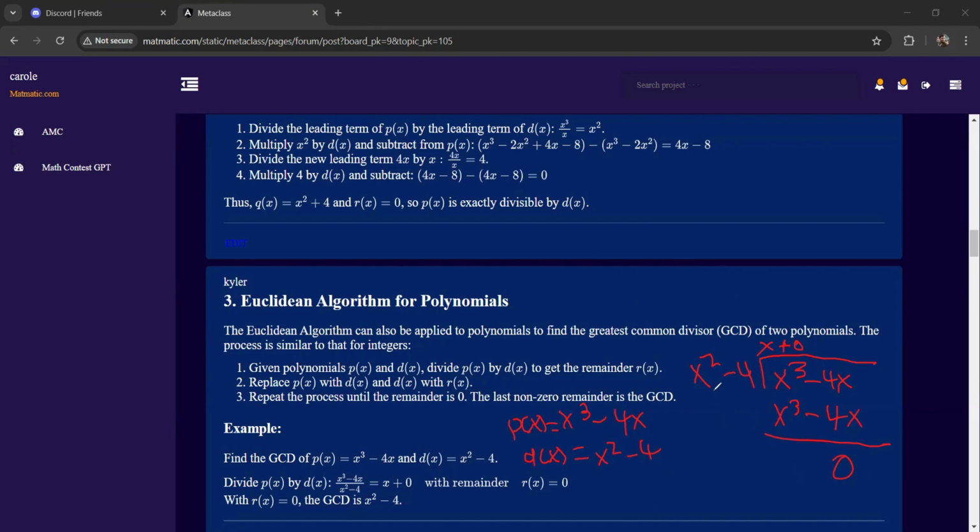Our GCD is just x to the power of 2 minus 4 because there was no non-zero remainder before we reached 0. So the GCD is just the original divisor.